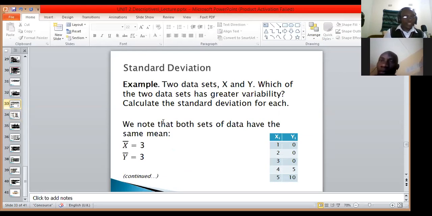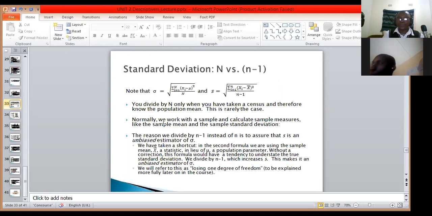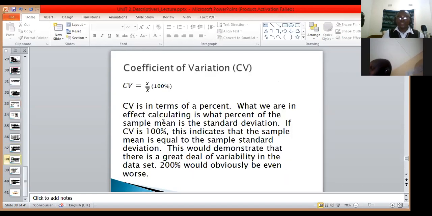It gives us 0.52666. Multiply that by 100, and we find 52.6. So our coefficient of variation for sample X is 52.67. That's how we calculate the coefficient of variation. We round it off.